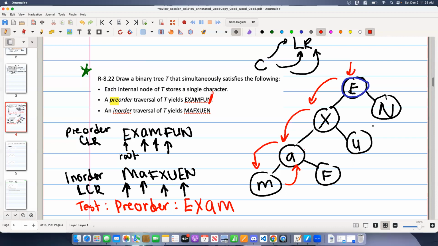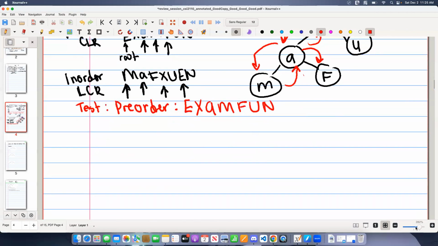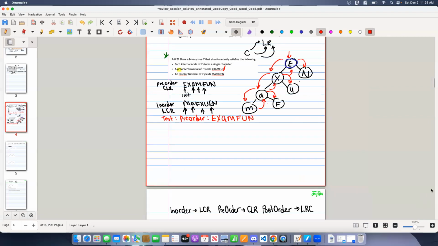Go back to A, and then you go right, which is M, and then you go up again. And then you go left, which is Q, and then go up. I'm going to explain this more clearly. Let me just write this down for now. It's EM.